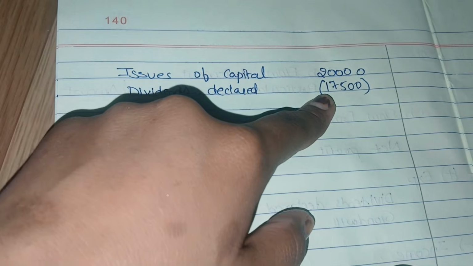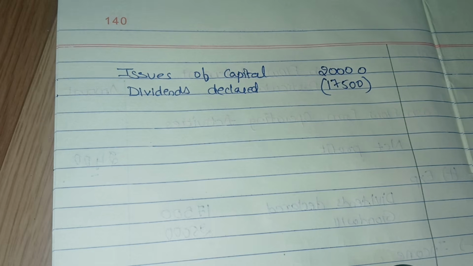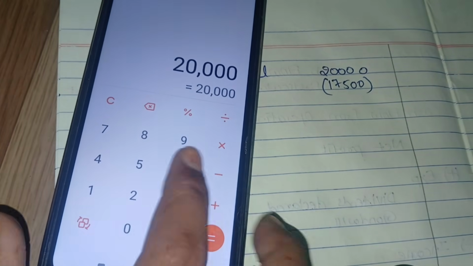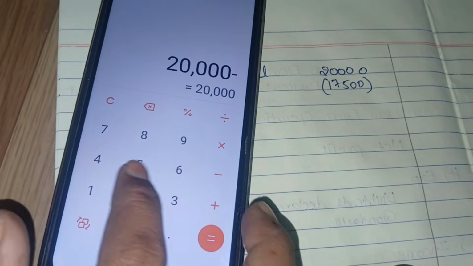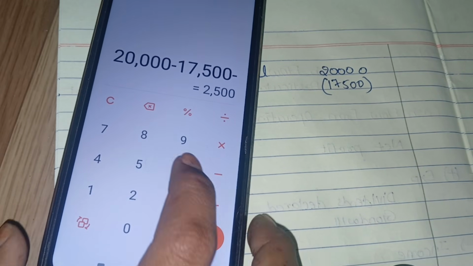So 17,500 is the minus value, 20,000 is the plus value, and on the debenture side it is minus 30,000. So 20,000 plus value; in that we need to minus 17,500, and minus 30,000 is the redemption.